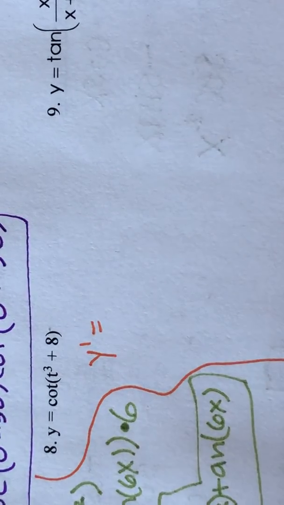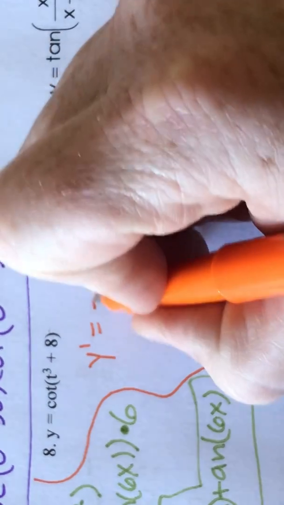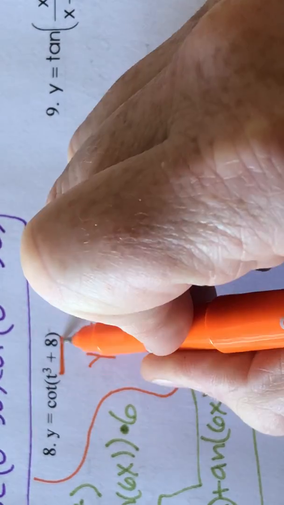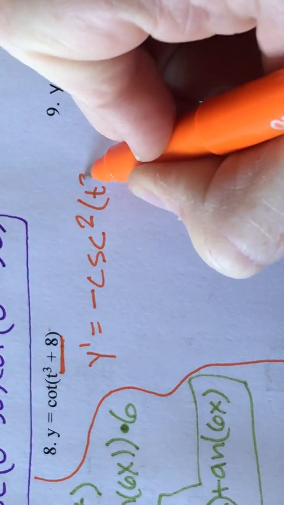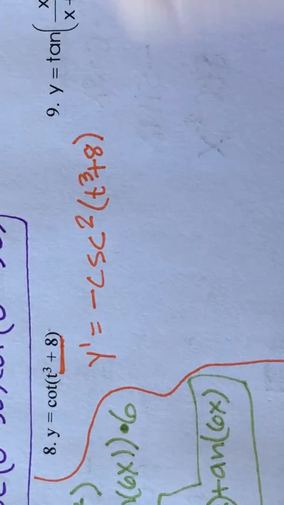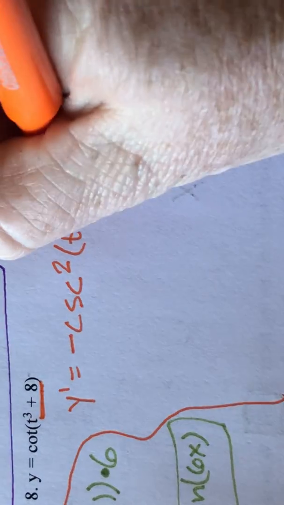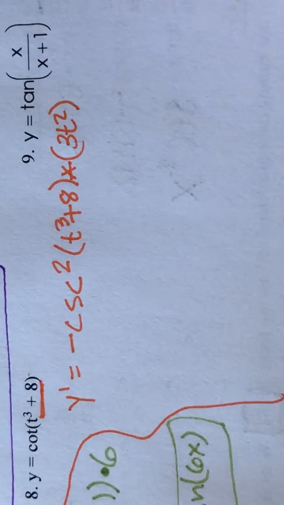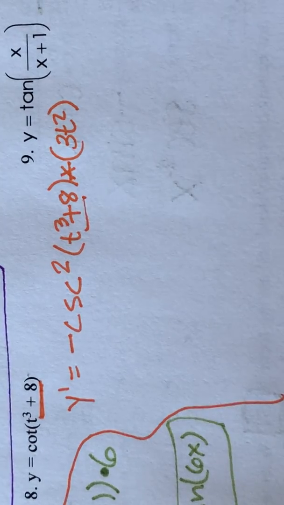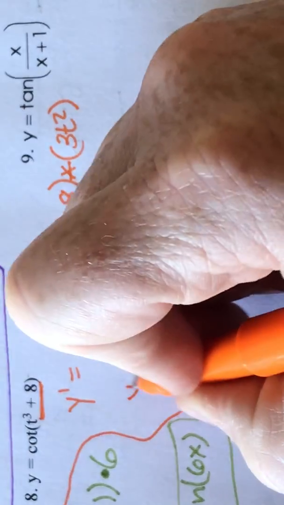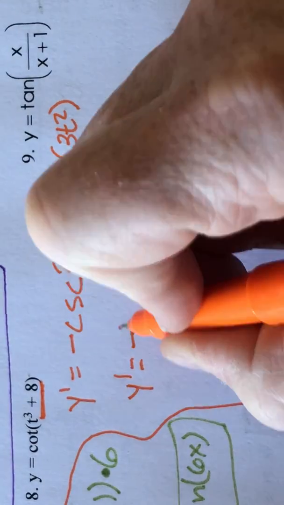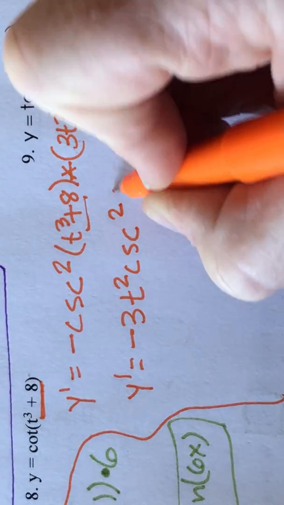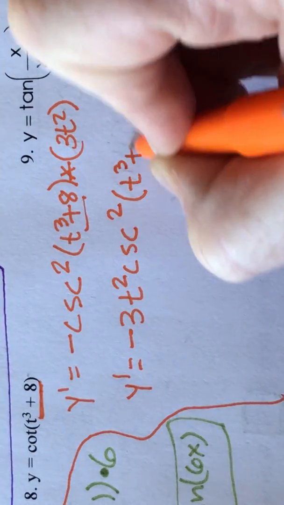All right, so the derivative of cotangent x is negative cosecant squared x, and I need to keep this the same, so t to the third plus 8, times the chain rule, so times 3t squared. Okay, that's the derivative of the inside. So we'll have y prime equals negative 3 t squared cosecant squared t to the third plus 8.